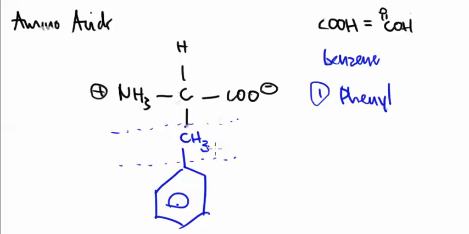Okay, well, if I can delete one of those hydrogens and substitute it for a benzene ring, then we can call this phenylalanine, and that is the name for that structure. So if you know the structure for alanine, that's good. You just really have to delete a hydrogen, put a benzene ring on instead, and this will give you phenylalanine. So that's the only thing that we have done and modified as far as the alanine structure is concerned.